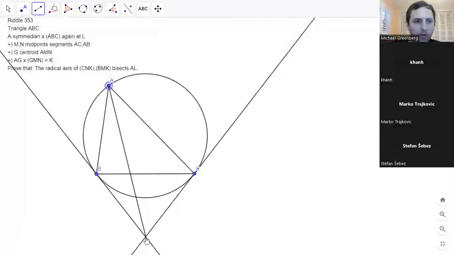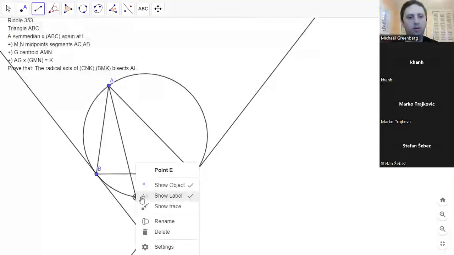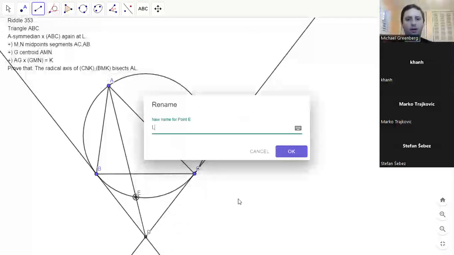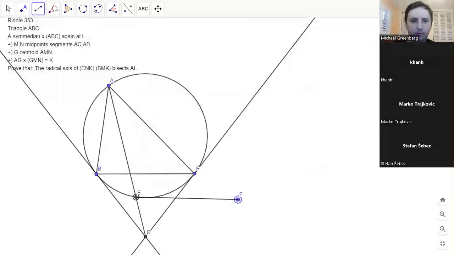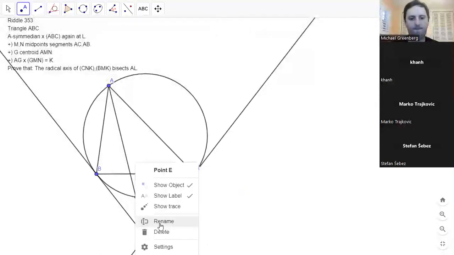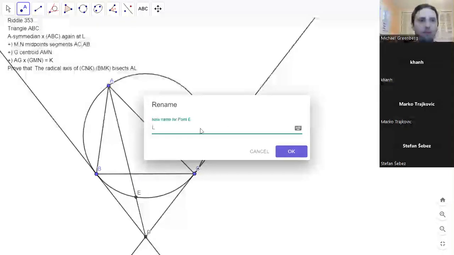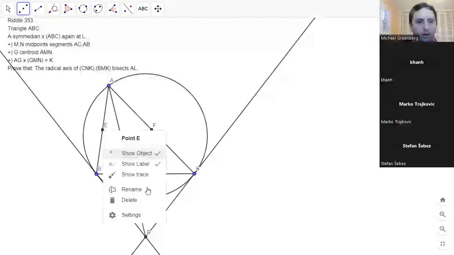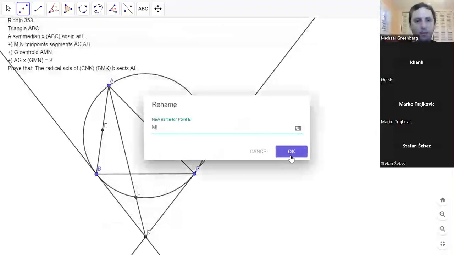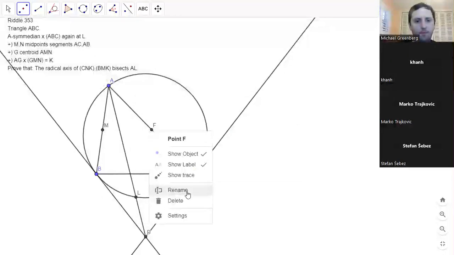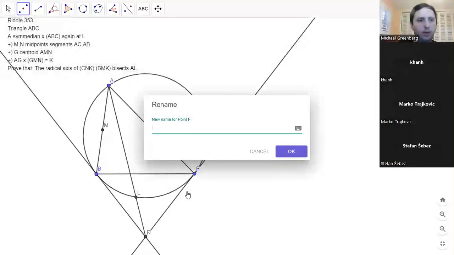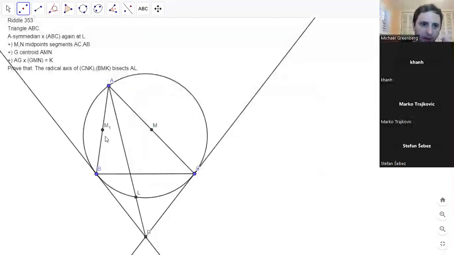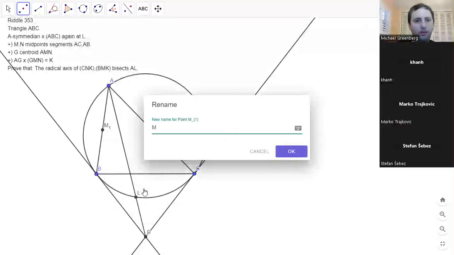This is L. And then we have the midpoints, N, M. Oh, oops. M is the midpoint of AC. N is the midpoint of AB.